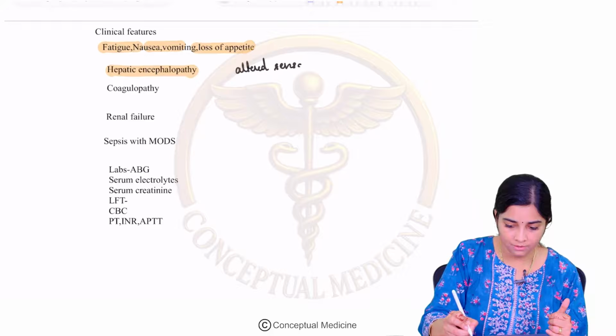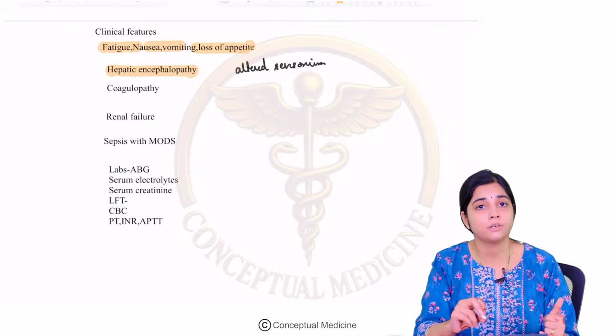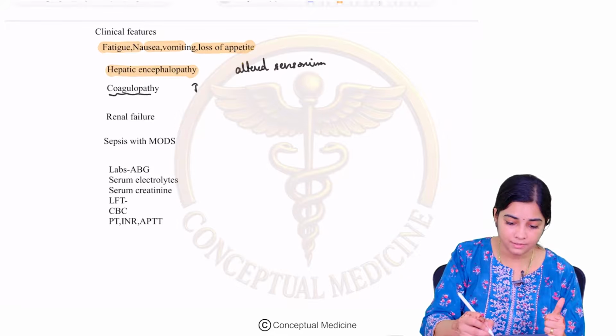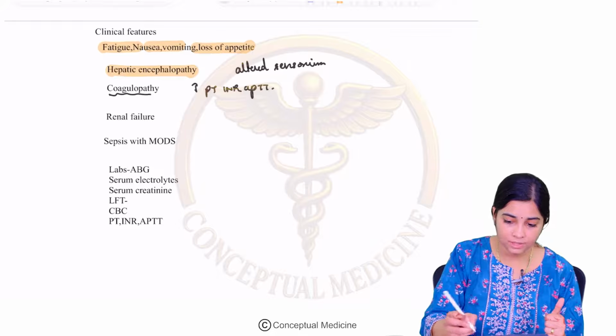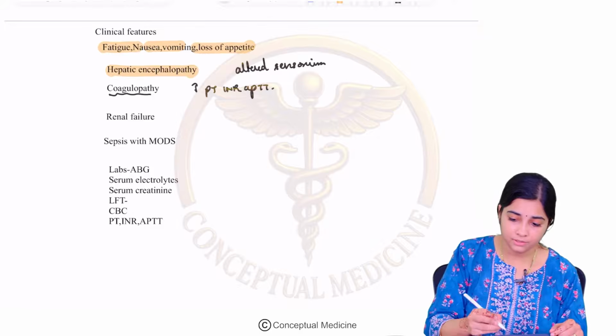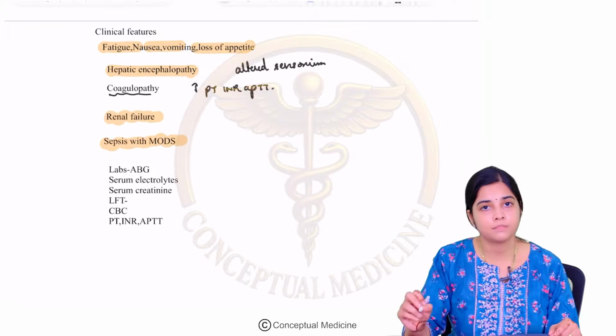We'll be looking at hepatic encephalopathy in more detail in your chapter on chronic liver disease. And you can have coagulopathy, with elevated PT-INR and APTT. Then apart from liver failure, you can also have ensuing renal failure and they can develop sepsis with MODS.